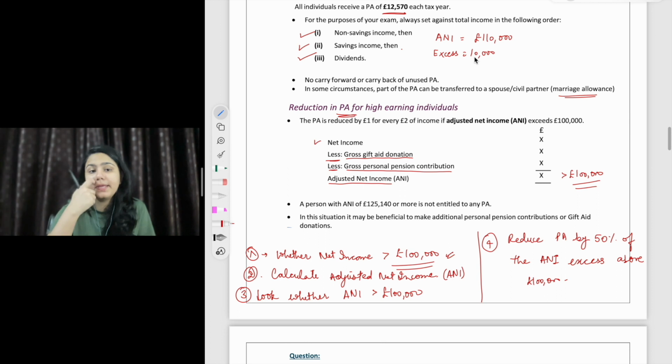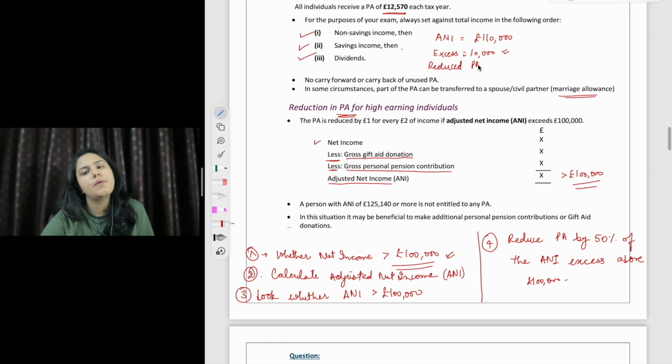Then my personal allowance is going to be reduced by 50% of this excess. So the reduced personal allowance is going to be 12,570 minus 50% of this, which is 5,000. Therefore, that gives me 7,570 as my reduced personal allowance.